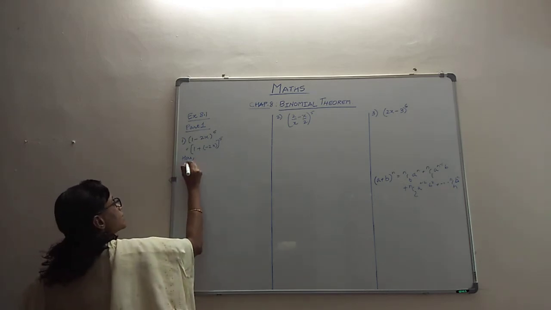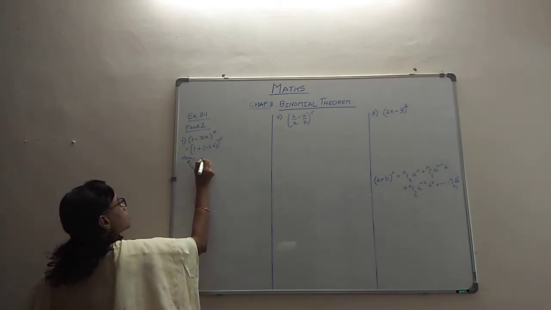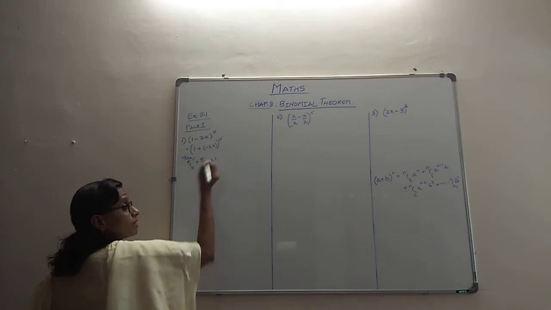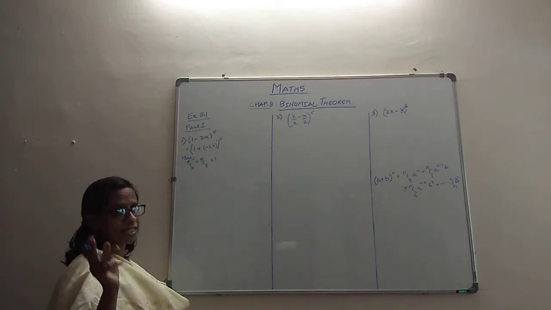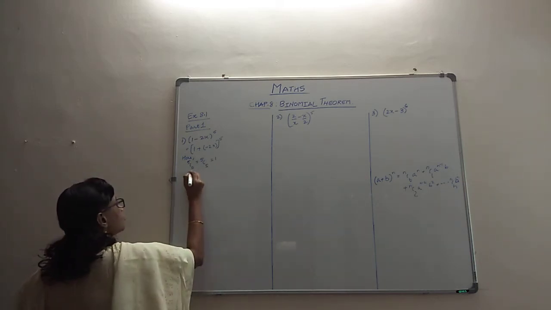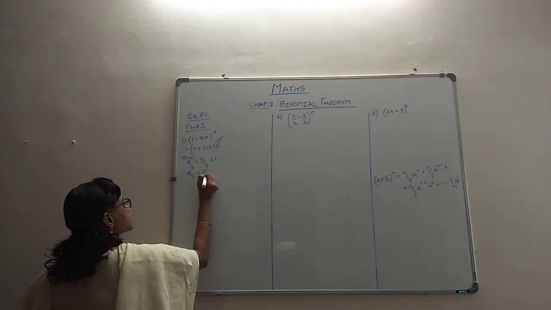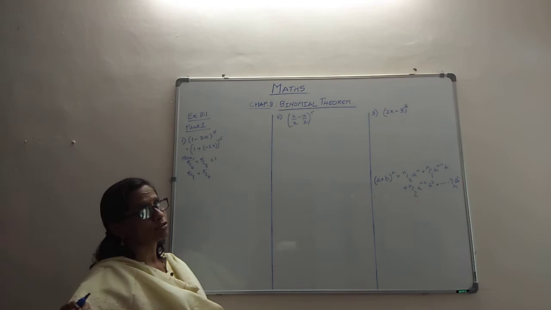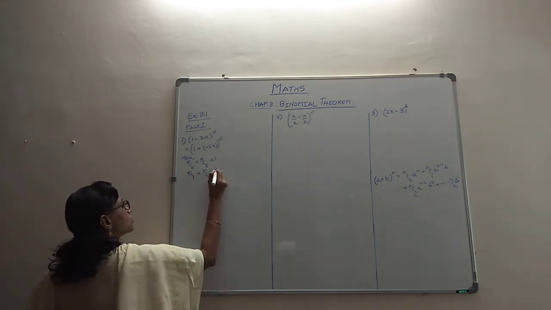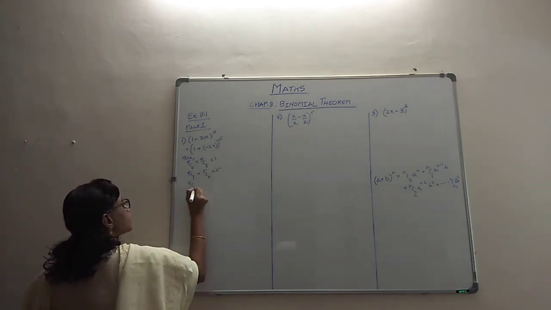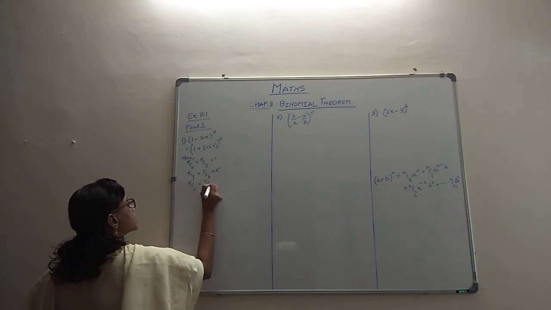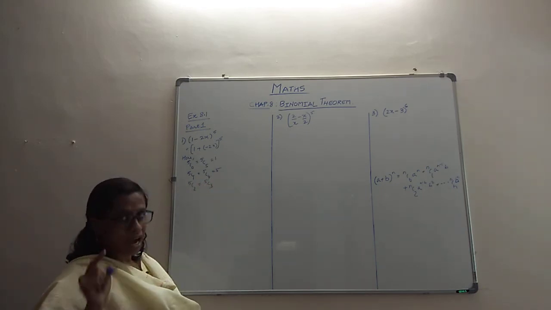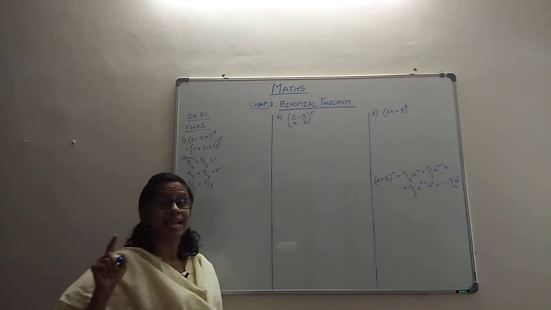Now, 5C0 by formula is the same as 5C5, and that's 1. We have learnt it: nC0 is nCn. Then 5C1 is 5C4; nC1 is equal to nC(n minus 1), and the value is n, 5, without calculation. Then 5C2 is equal to 5C3, since nCr is equal to nC(n minus r).